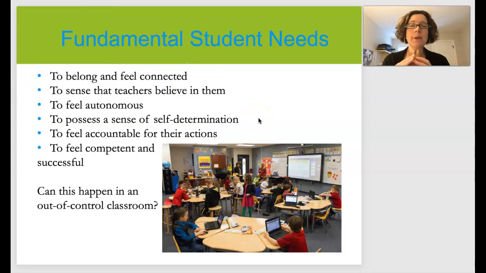So I don't want you to equate out of control classroom, because there are sometimes classrooms that are not supporting these fundamental student needs that are very quiet and look very organized, but actually kids are really afraid to take any kind of academic or social risks. So don't equate it with quiet, organized classroom. You can have what's seemingly a very chaotic classroom, but it's actually fulfilling these fundamental student needs, and the teacher actually has total control over academics and social interaction.